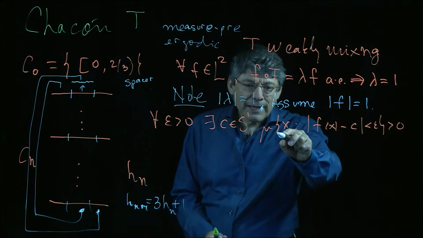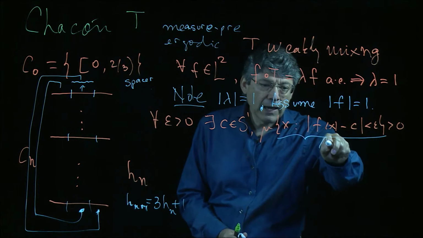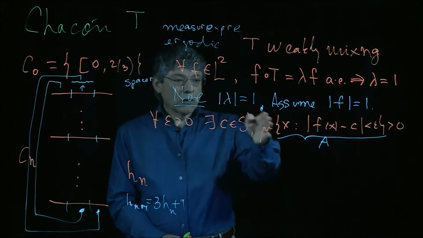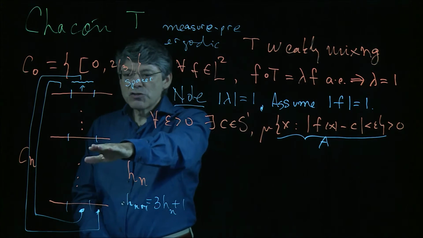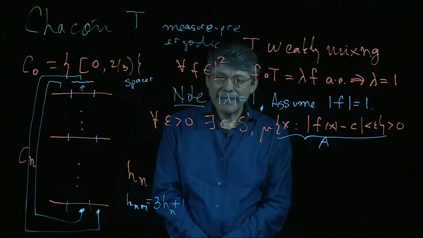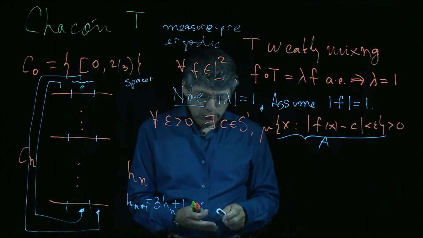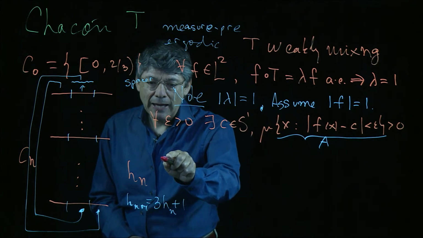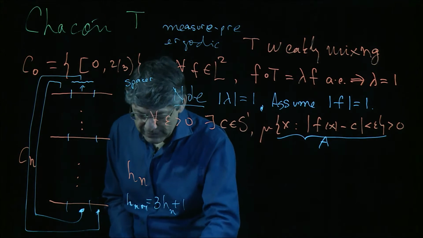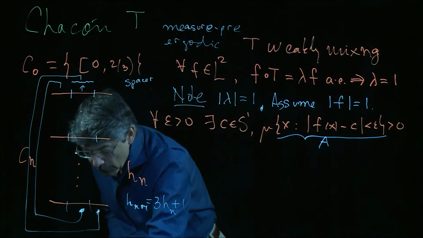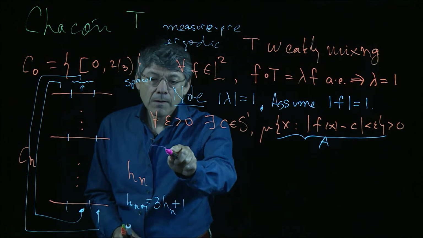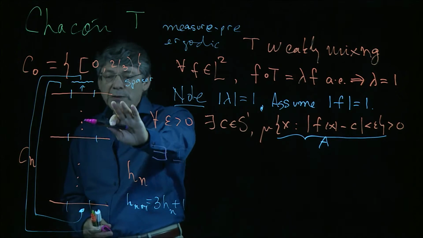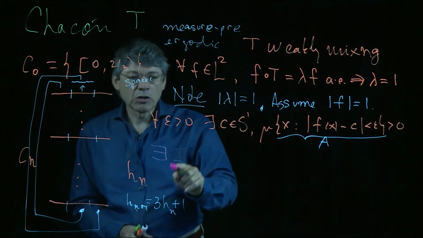So let's call this set A. All right? So that's a set of positive measure. Since the levels generate, it must be the case that there's a level that is very full of A. So there has to exist a level I in some column, and because we already have this picture, let's assume it's in column Cn.